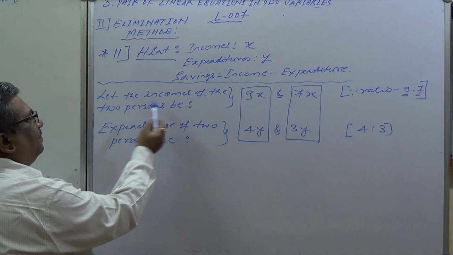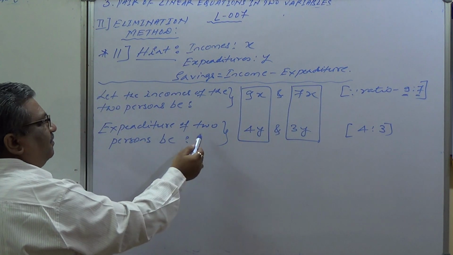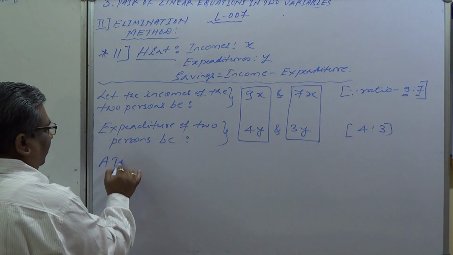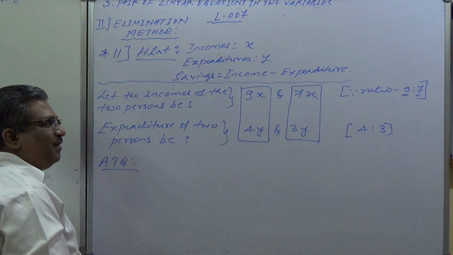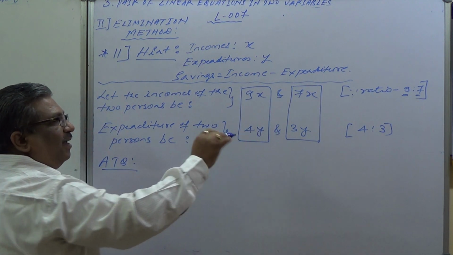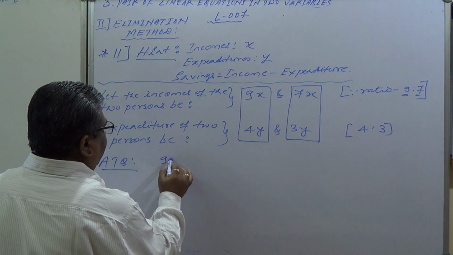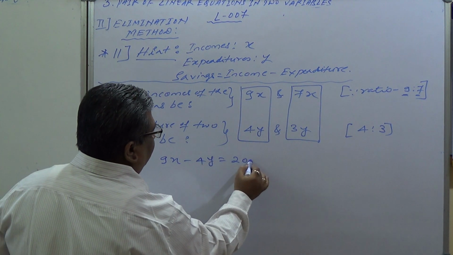Therefore, let the incomes of the two persons be 9x and 7x. Expenditure of the two persons be 4y and 3y. And therefore, according to the question, what do you expect the savings of the first person? 9x minus 4y equals 2000.